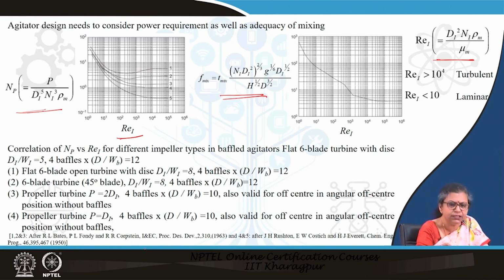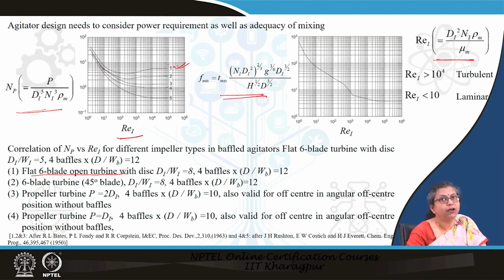Here, in the power number versus Re_I plot, you will find a number of graphs. These graphs are for different sorts of turbine impellers and propeller turbines. Normally, we would be opting for the flat 6 blade open turbine, and so we will be referring to graph 1.